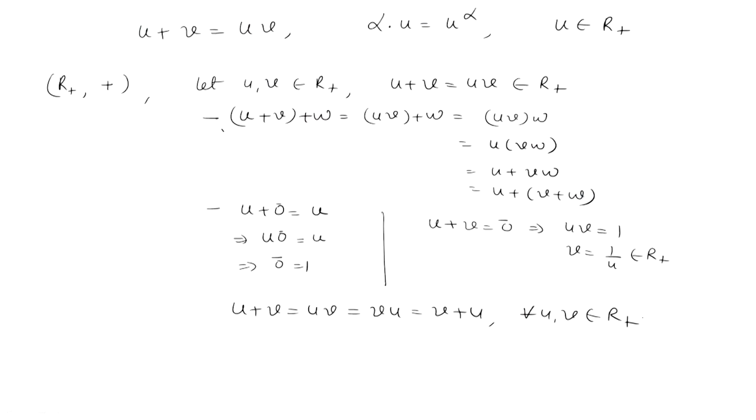Now, with respect to scalar multiplication, it is defined like this. So, of course, the closure property holds. You take any alpha in the real field and any u in R plus, then u raised to power alpha always belongs to R plus.